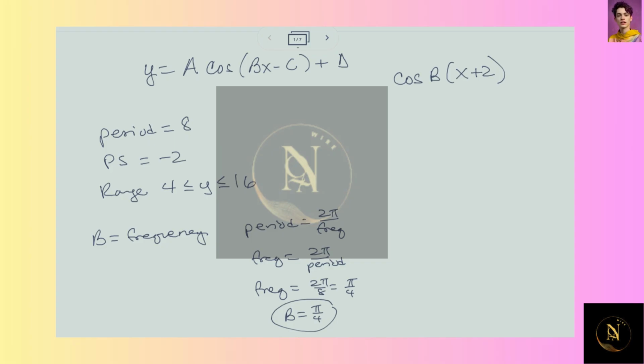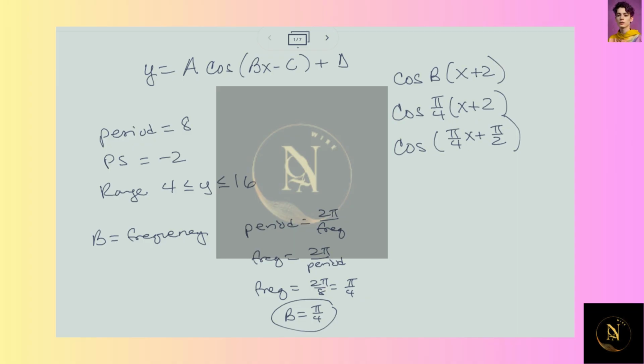We just found our B. So B is pi over 4. Okay. If I multiply that back, I'm going to get cosine of, in parentheses, pi over 4 x plus pi over 2. Okay, and that will give me my B and my C.